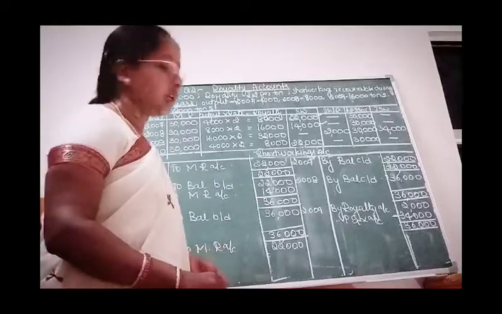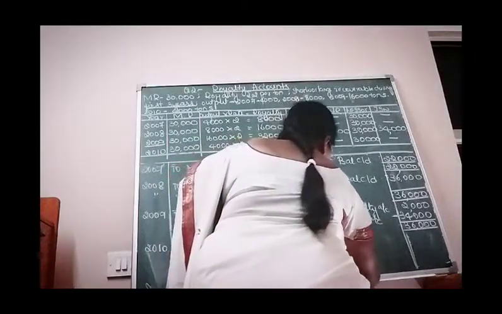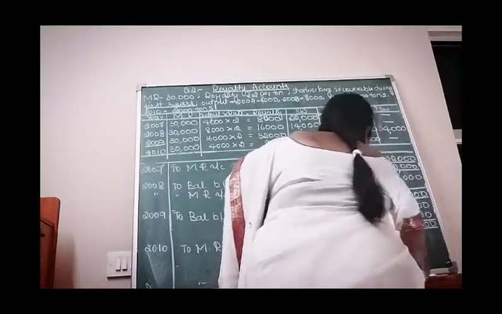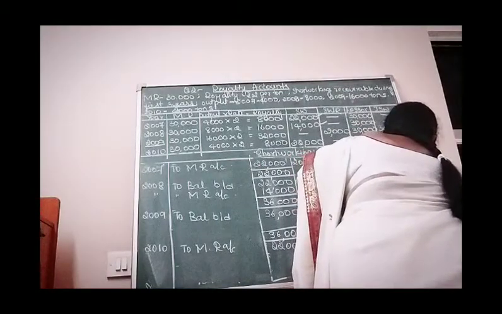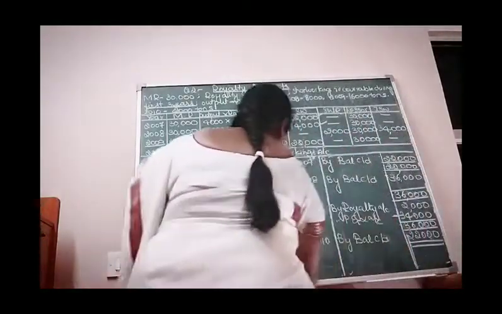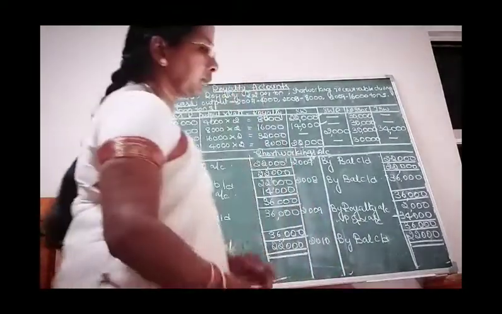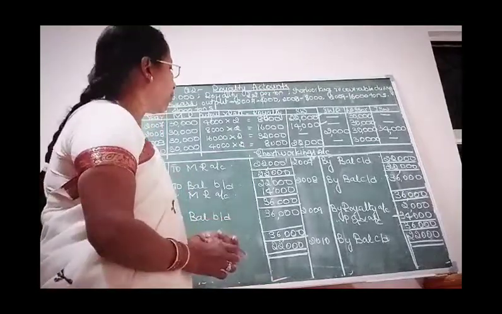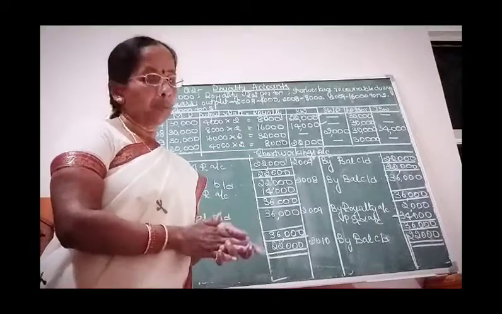So what you need to do is, just for 2010, you write it as by balance carried down, right, for 22,000. And you can give completion to this extent only. Okay, so this is the fourth and the last ledger that you are going to prepare.